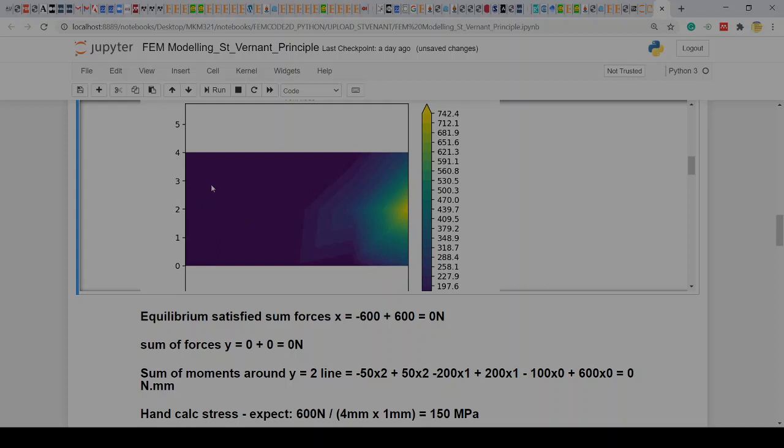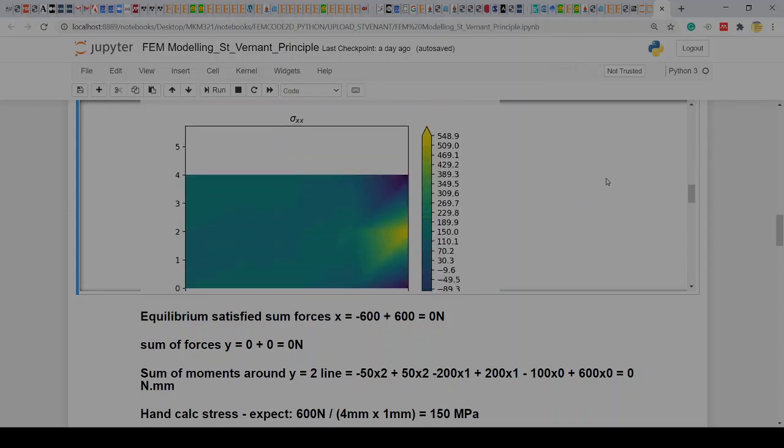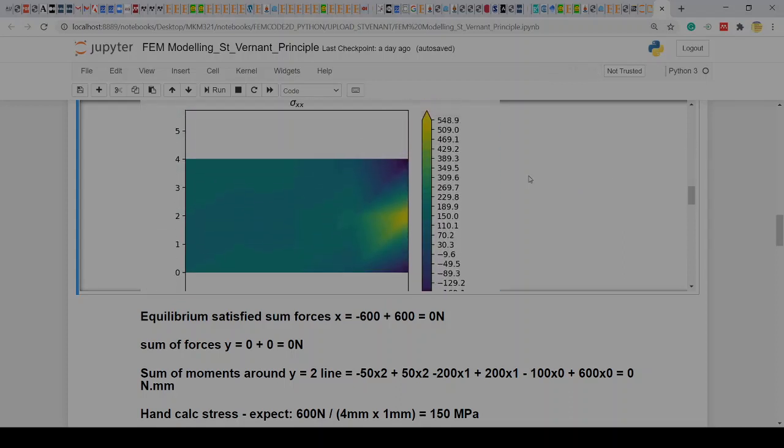The answer here is essentially spot on. So let's go down and make sure that it's spot on. If I look at this sigma xx, across here I'm in this color, around about the 150 domain. Beautiful. So here the answer is very accurate.